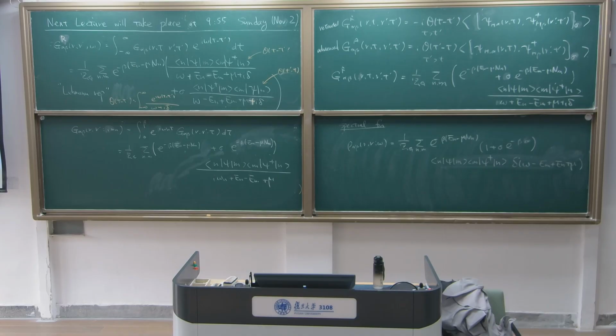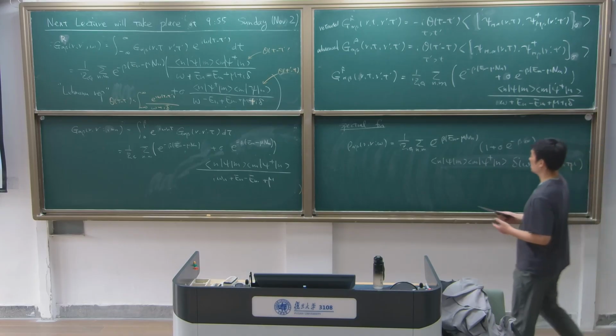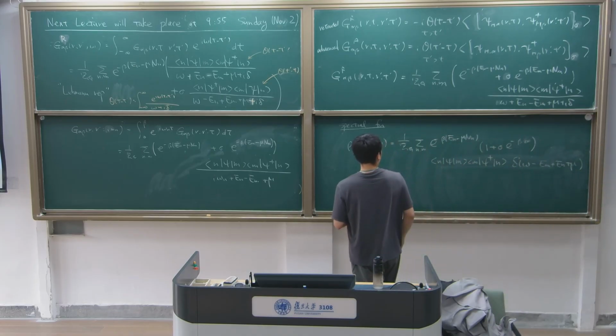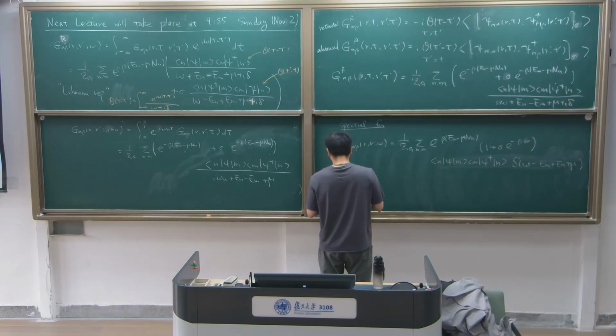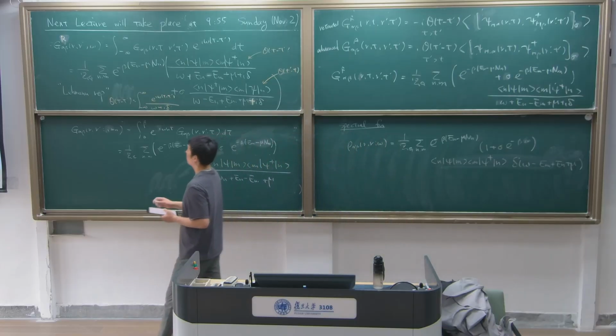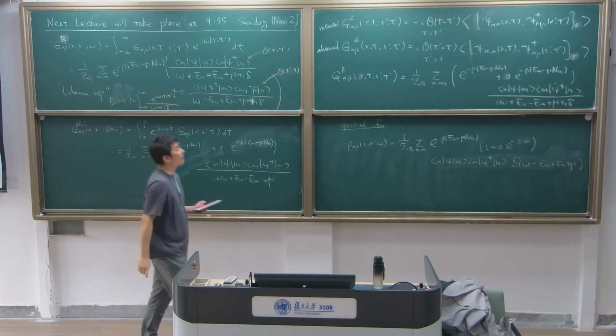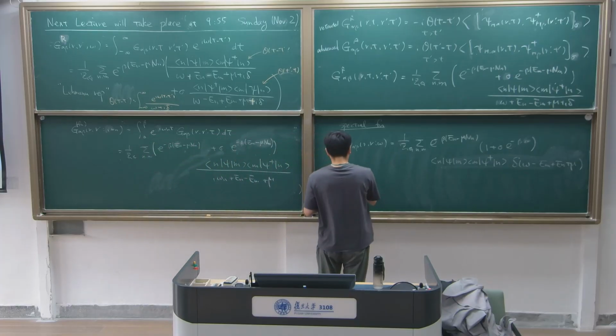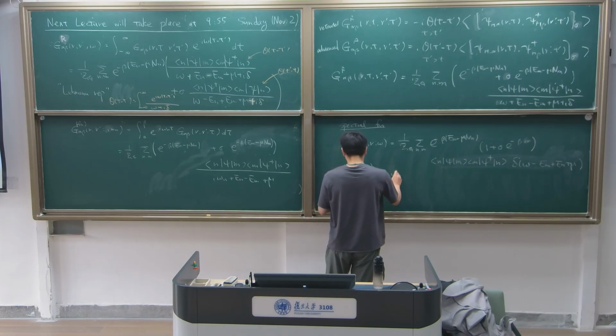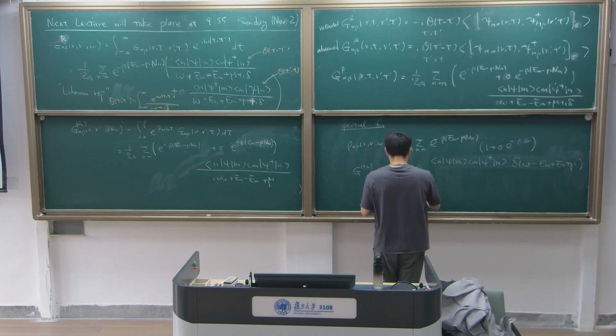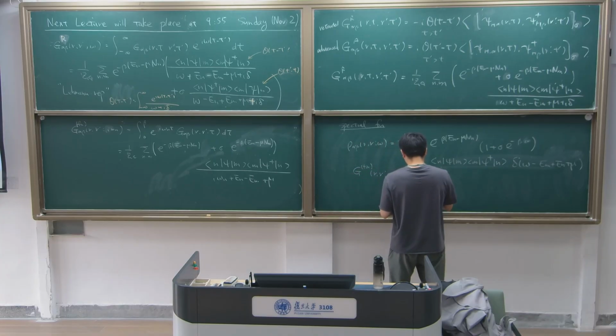If you introduce this one, you can just write down this one as... so this one, let's call it the finite temperature G of omega_n. It's just a Fourier transformation.